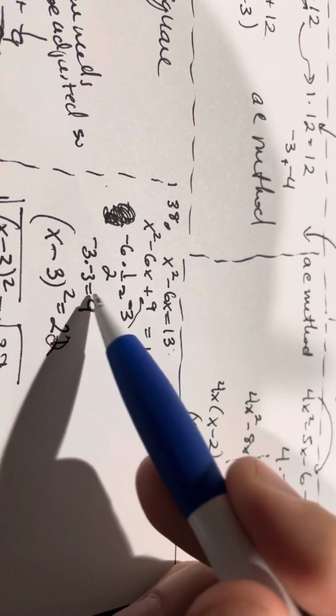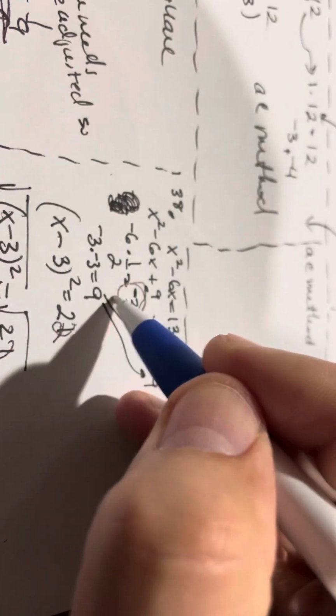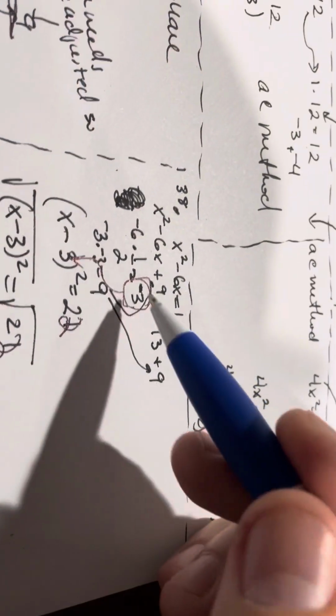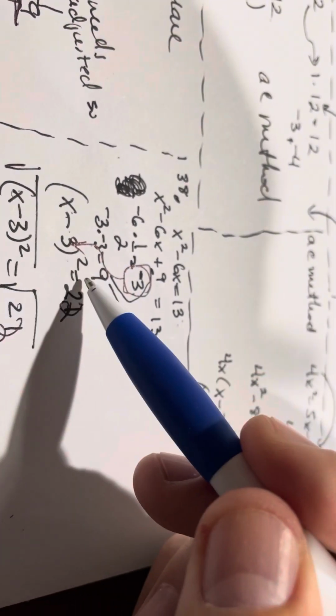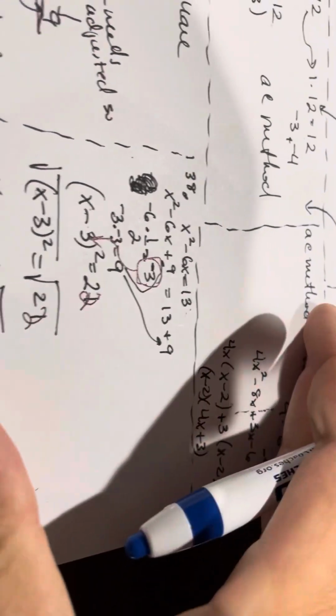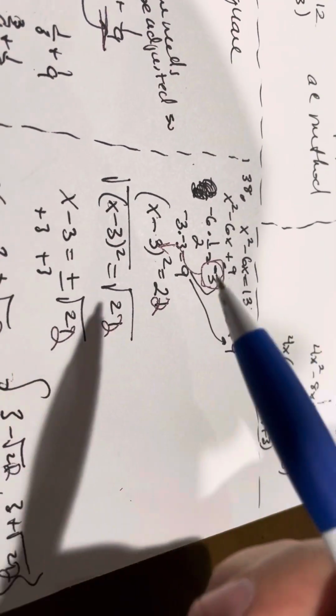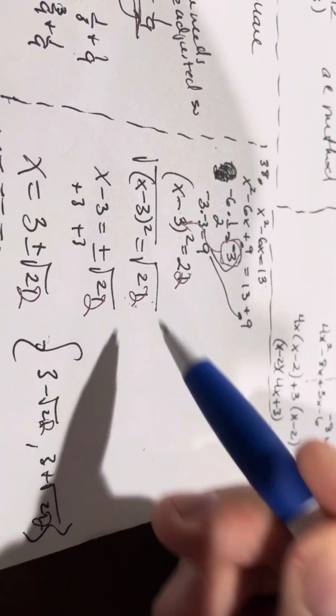Remember I made this comment earlier that what we get when we have a half automatically just lands right there. If you factored this using the AC method, you'd get x minus 3 times x minus 3, and that becomes x minus 3 squared. All right, so we're going to apply the square root. And remember, this isn't a 21, this is a 22.